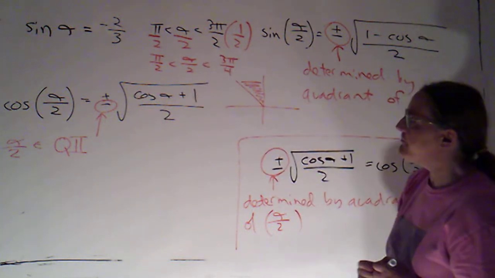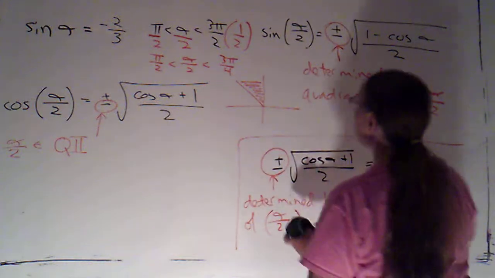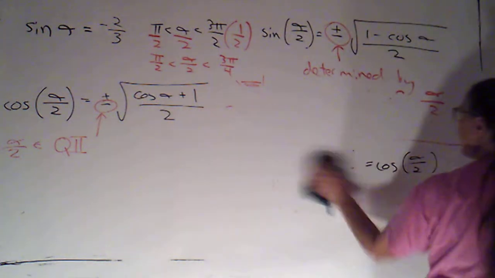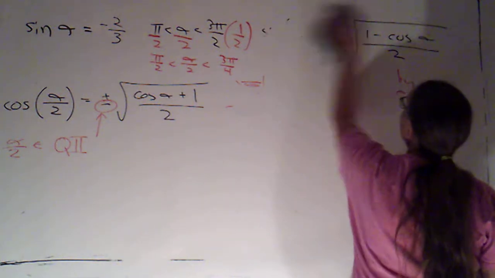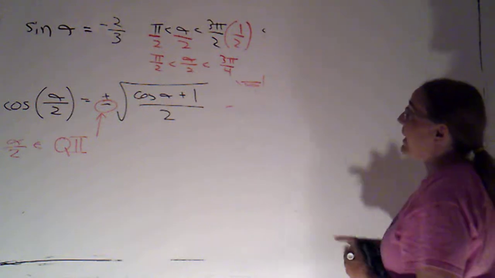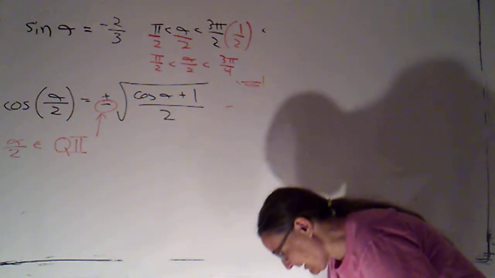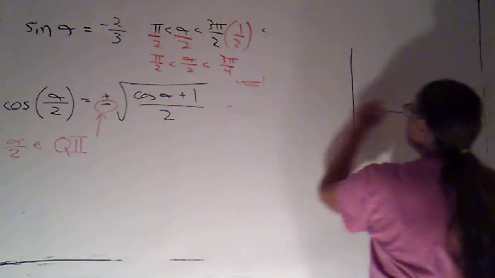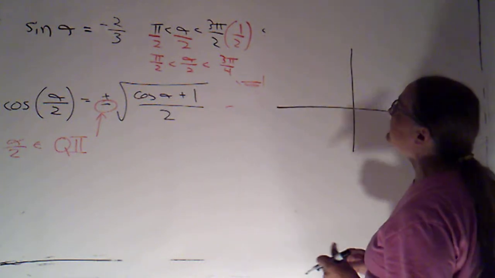Okay, fabulous. So we've determined what that sign is going to be. Now I need to know what cosine of alpha is. For that, I'm going to be concerned about alpha itself, so I need to know that alpha is in quadrant 3. So let's see.